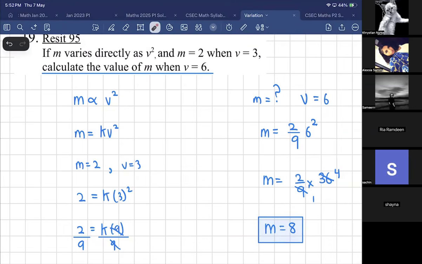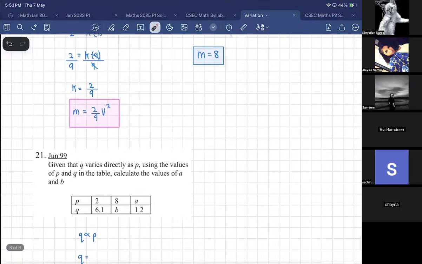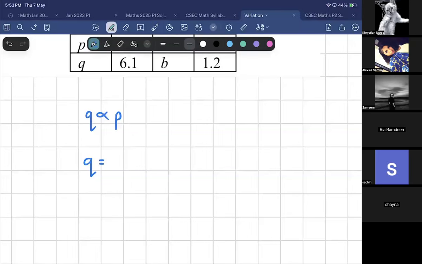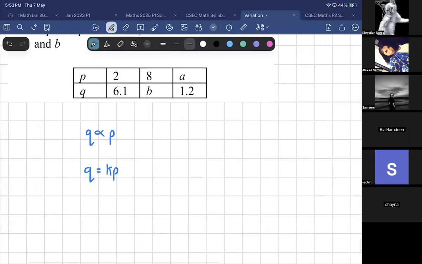So if I tell you M is proportional to V squared, do you know exactly what the relationship is, or am I just telling you they're proportional? So it's general, right? This is a general statement. So to quantify it and make a mathematical statement, you need to replace the proportional sign with an equal sign and K, telling you a specific value linking the two of them together. So in the next line, you're going to write Q is equal to what? K. You're forgetting P. KP, right.